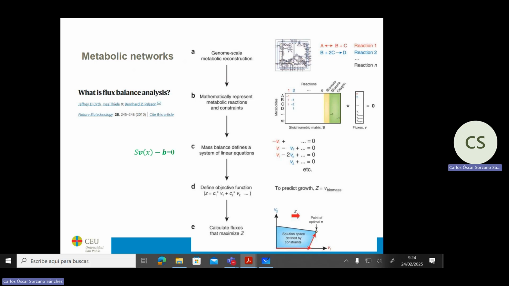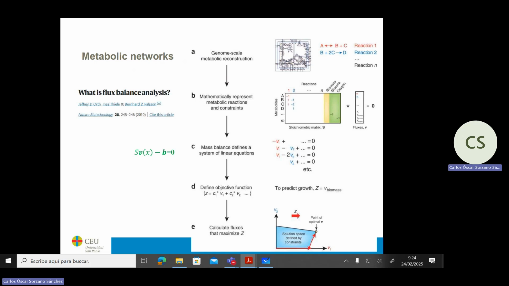But at the end, you see, it is a set of equations that depend on the velocity equaling zero. So it is a linear set of equations. And then if you have a set of cells that are at a steady state, you can try to drive these cells towards a point that you like.